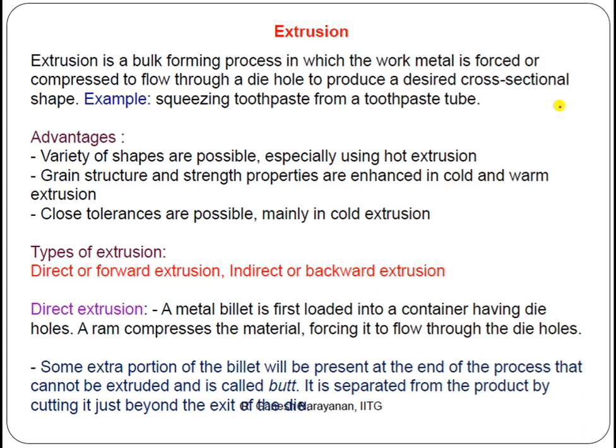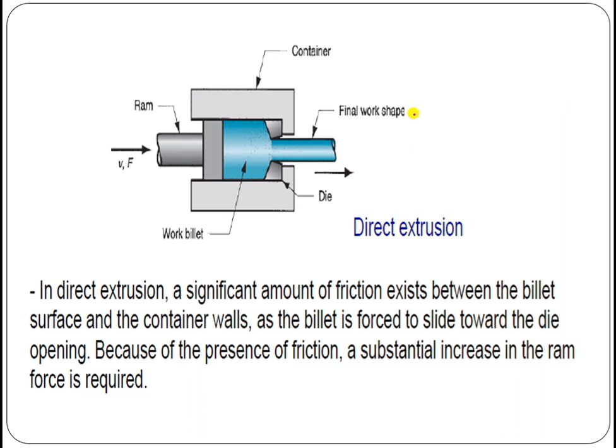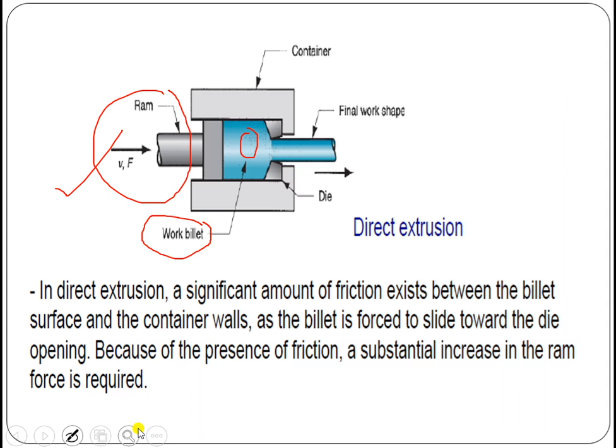Extrusion, we are not having this kind of syllabus, as far as your syllabus, this is in detail. But still, for the extrusion purpose, this ram is responsible for moving this material, which is the work billet. Now this work billet has a certain surface as well as the container walls. This billet is forced to slide towards the die. This is the die opening, and it has a harder material here, so that whenever this billet is forced through this, it will be converted into a smaller cross section, as per the required cross sectional area.